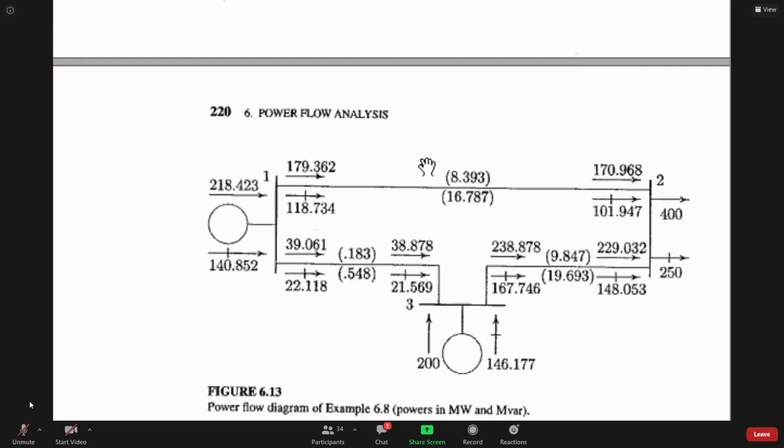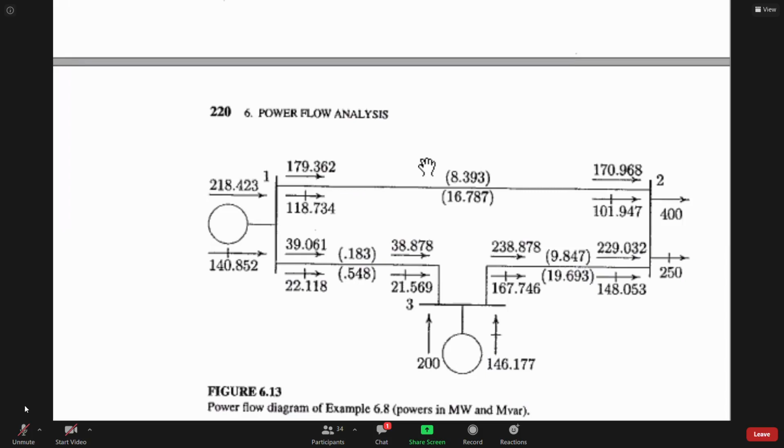Besides that, we can find Z bus without having the idea of Y bus, by the bus building algorithm. Probably next week we will see how to apply the bus building algorithm to generate Z bus without having the information of Y bus.